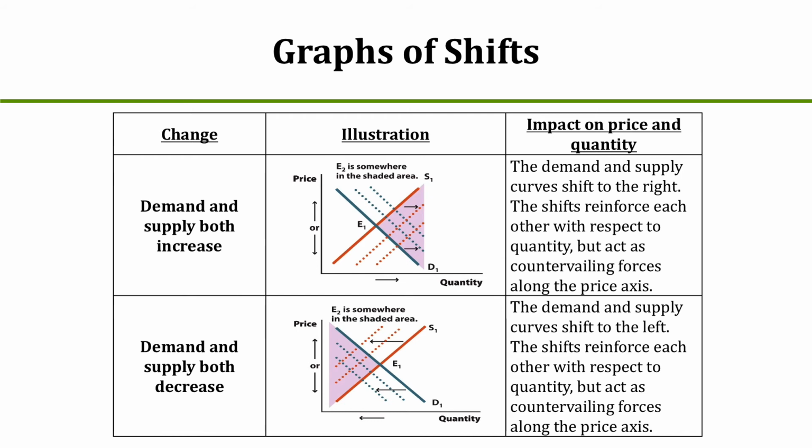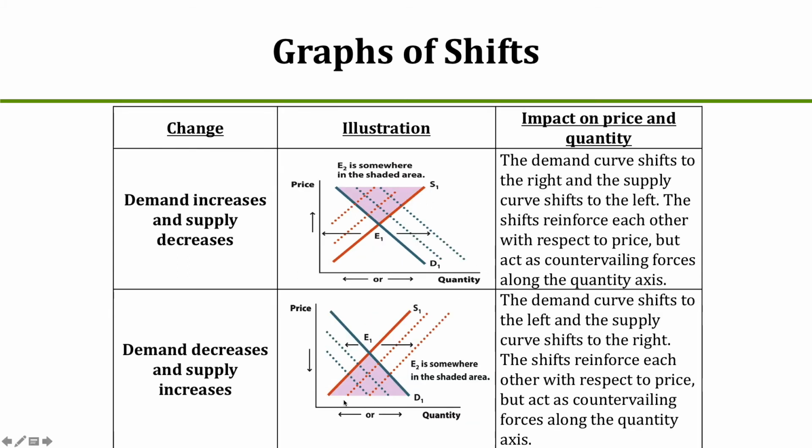It's certain. But the change in equilibrium price is ambiguous. Let's see another example. In this example, the demand is decreasing, supply is decreasing as well. And in this case, the change in quantity is unambiguous and the change in equilibrium price is ambiguous again.